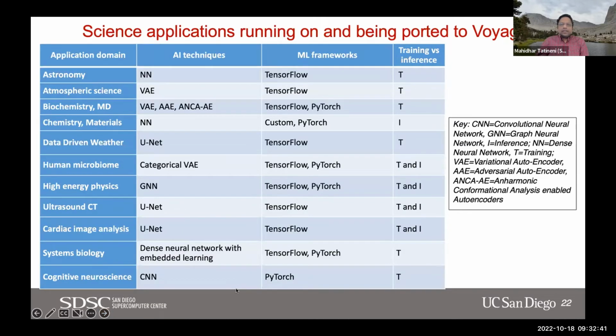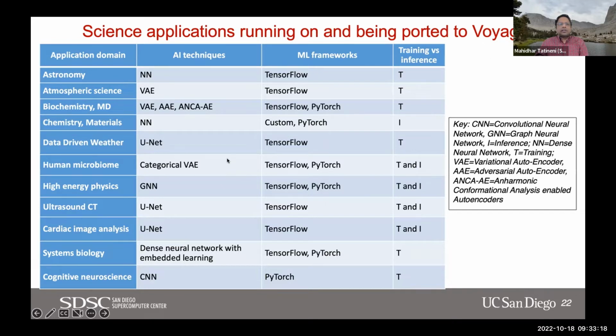So that's the hardware side of the system. In terms of science applications, this is just a table that shows the kinds of AI techniques people have used. These are all projects that we took on during the early user period. We have ported some of these to Voyager, and I just wanted to give you a flavor of the kinds of AI techniques, and the key is on the right here.